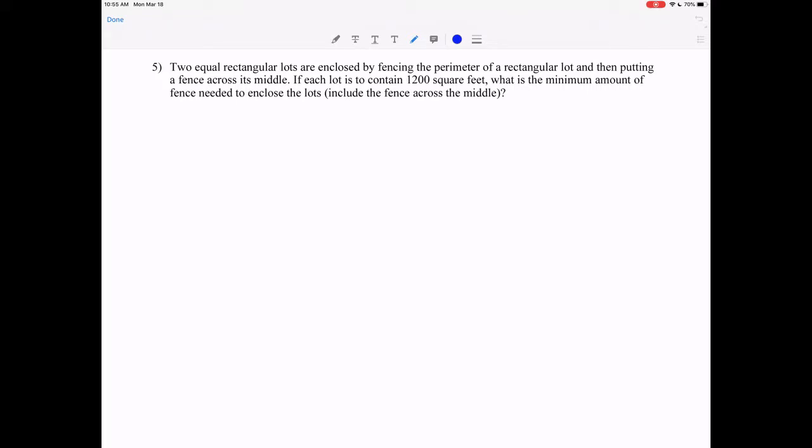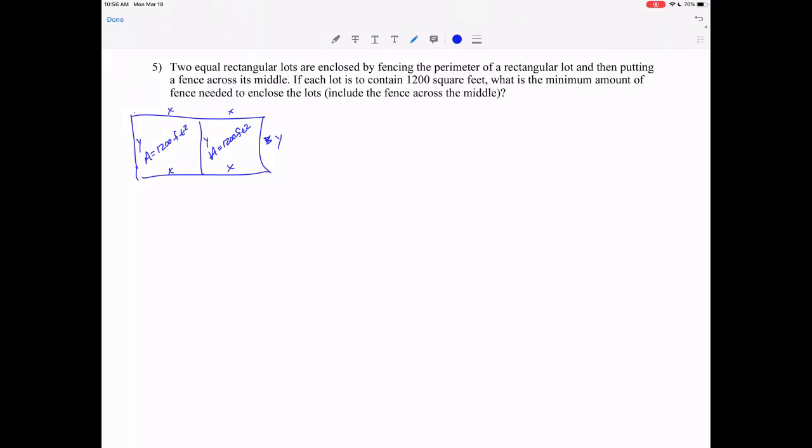All right, so the first one, we have a rectangular field. We're going to split it in half with a fence down the middle. This area is 1,200 feet squared, and this area is 1,200 feet squared. Okay? We're going to call this x, this x, this y, this y, this y.